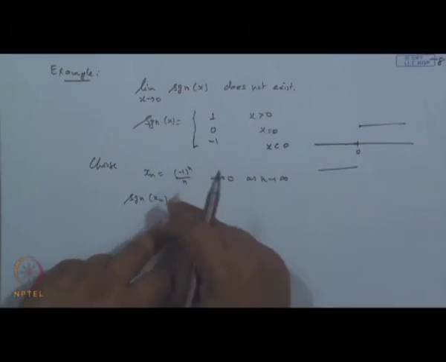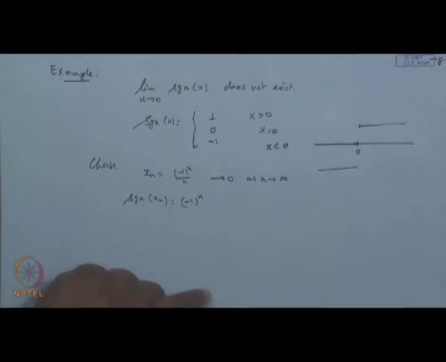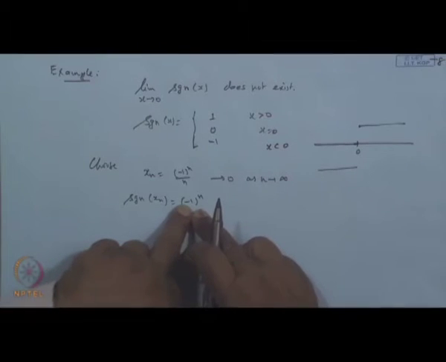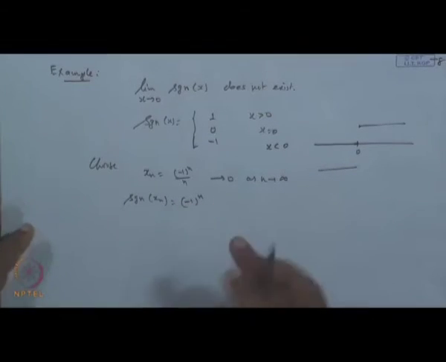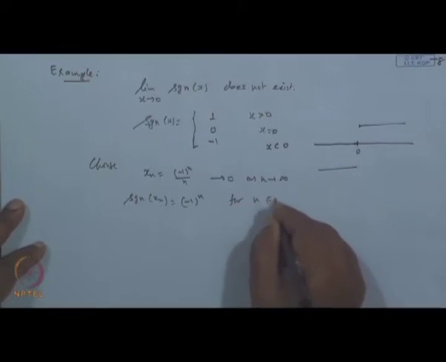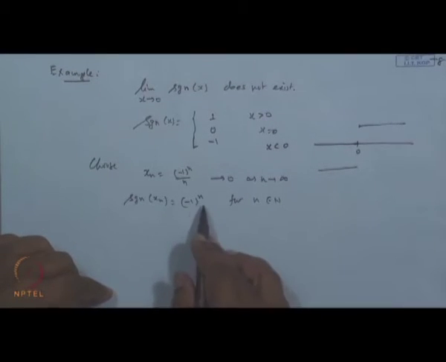So, basically when n is even you are getting +1, when n is odd you are getting -1, for all n belonging to the natural numbers. Now, the limit of this does not exist, because it varies.